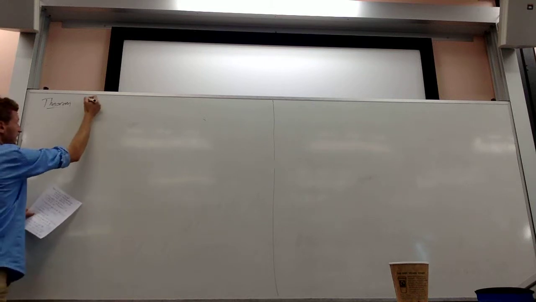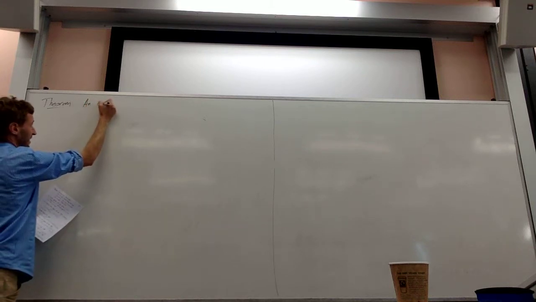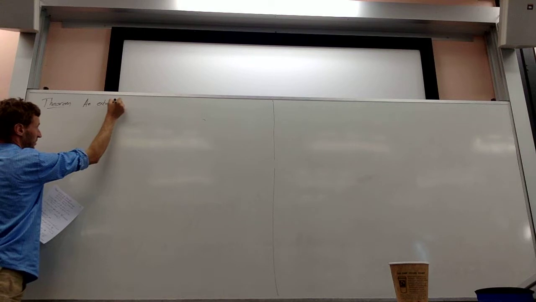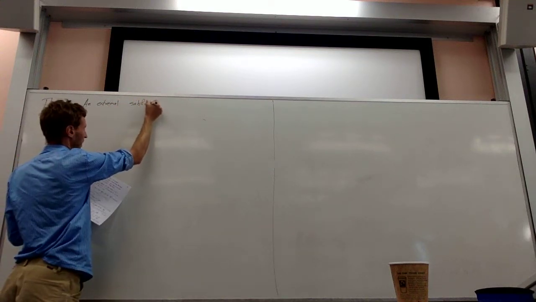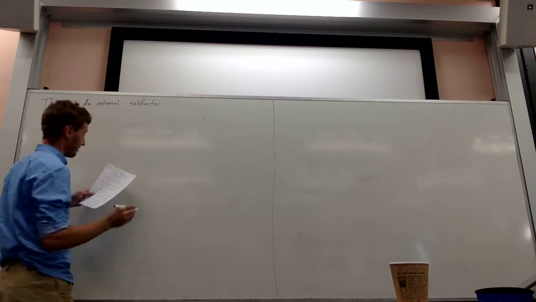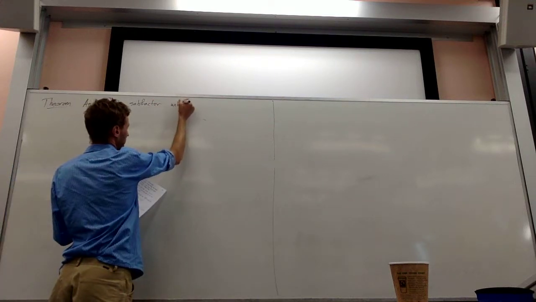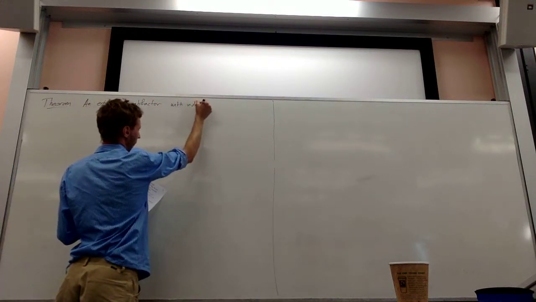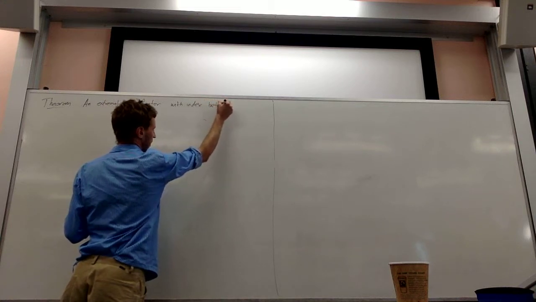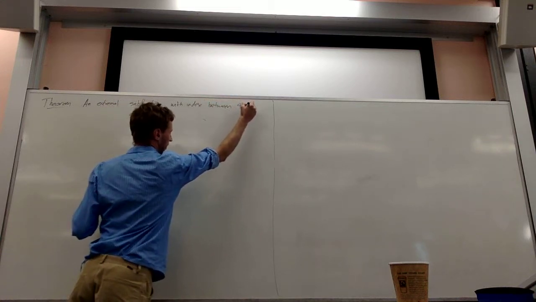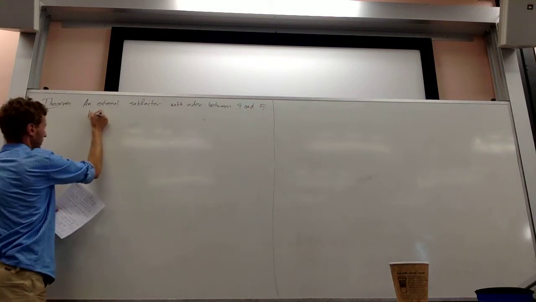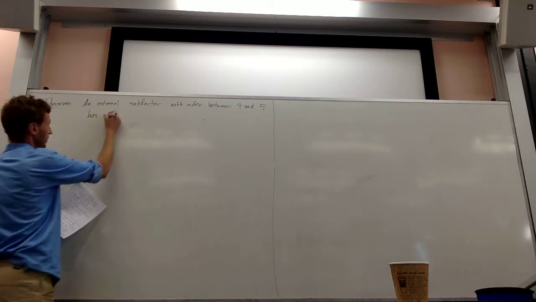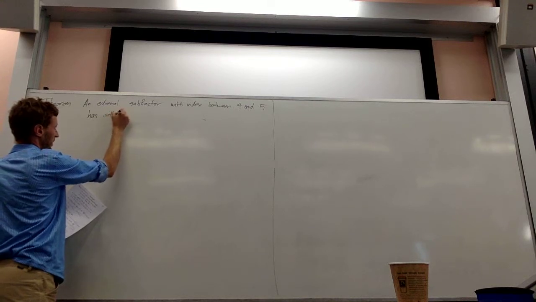Okay, so we need to be a little bit more technical here to state a theorem. So I'm going to put some adjective, an extremal subfactor. It turns out extremal doesn't matter very much. So there's a dichotomy. First of all, there's one possibility.